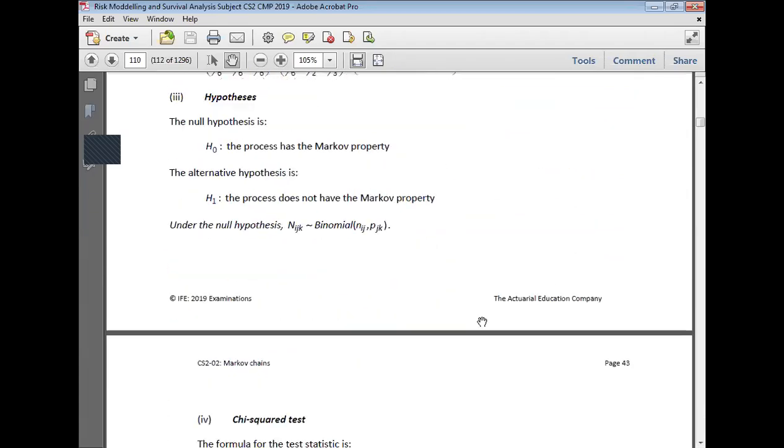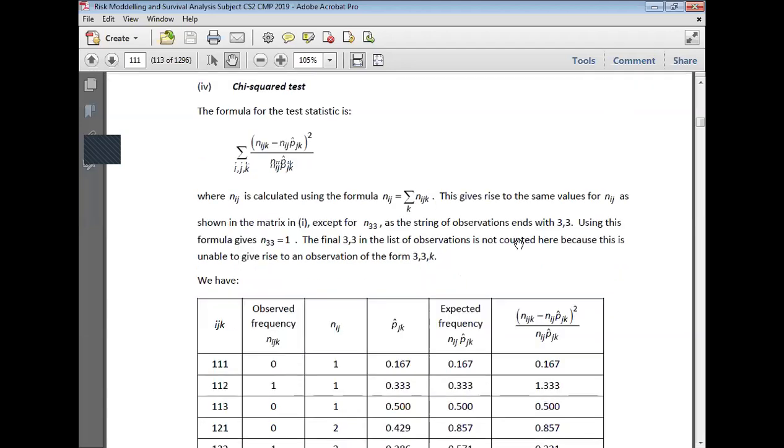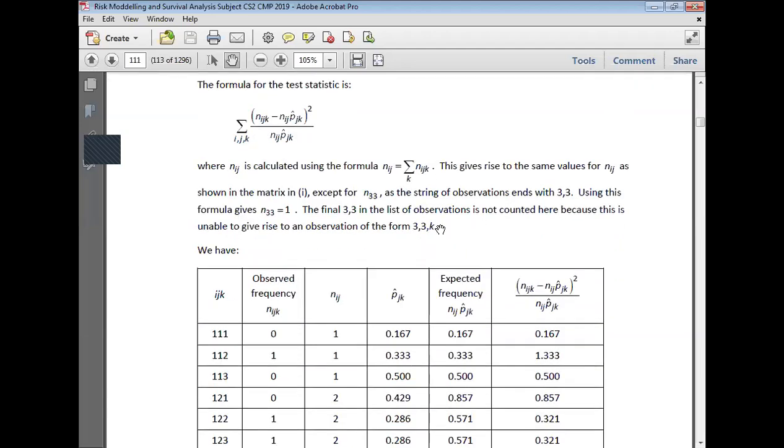And that is why, whenever you are looking at N33, the number of 3 to 3 observations we had was 6, right? It was 6. But did we use that?